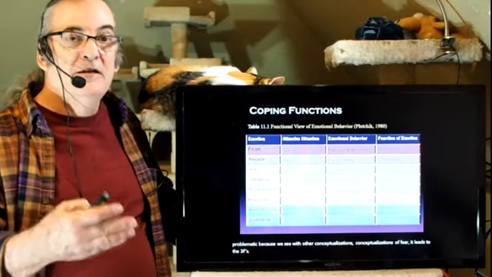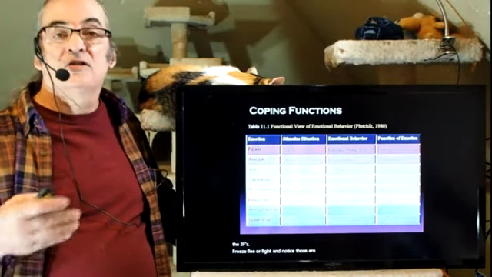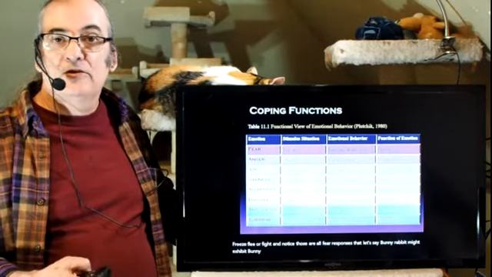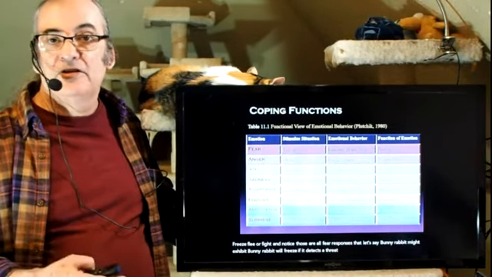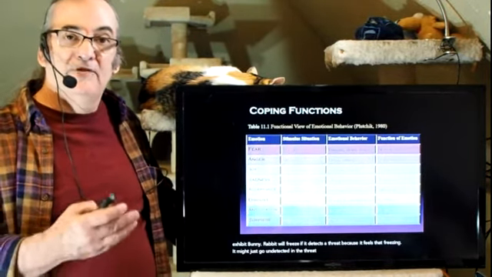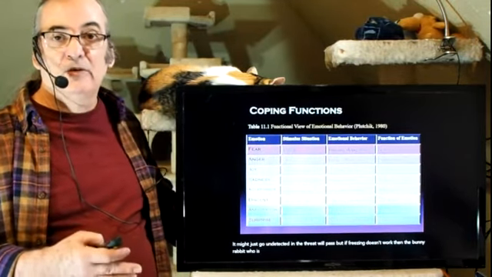Freeze, flee, or fight. And notice, those are all fear responses that, let's say, a bunny rabbit might exhibit. A bunny rabbit will freeze if it detects a threat because it feels that by freezing, it might just go undetected and the threat will pass. But if freezing doesn't work, then the bunny rabbit who is still afraid will flee. It will run like hell.